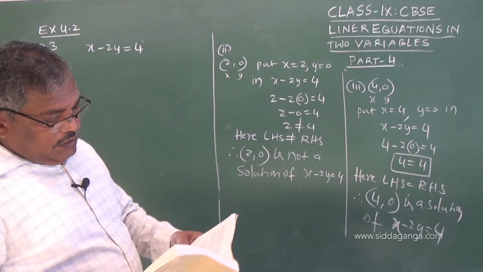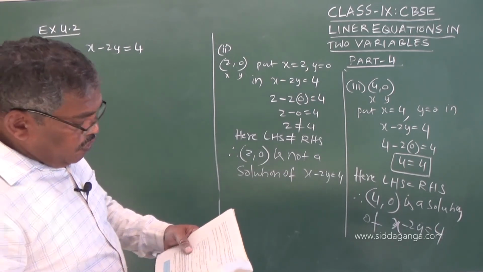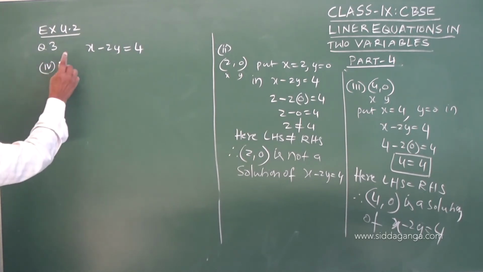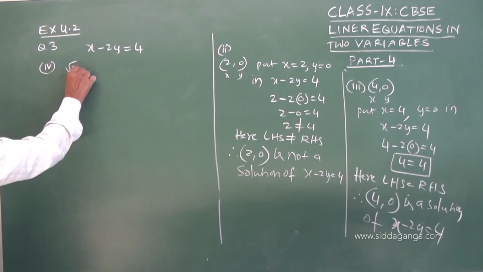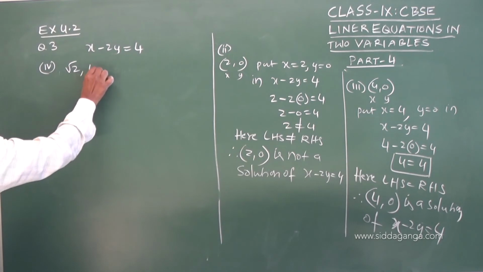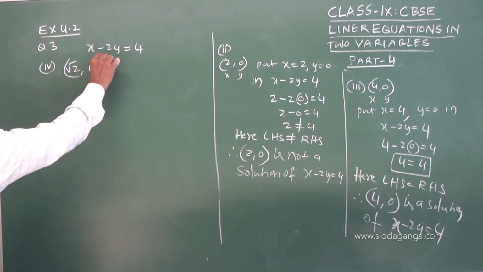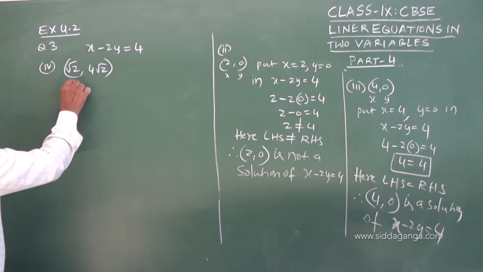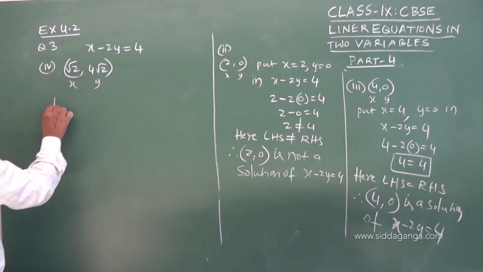And fourth one, (root 2, 4 root 2). You have to check with this. Here this is x, this is y.